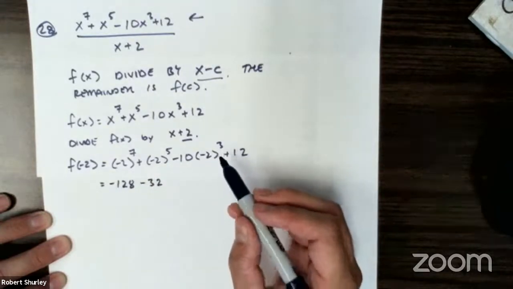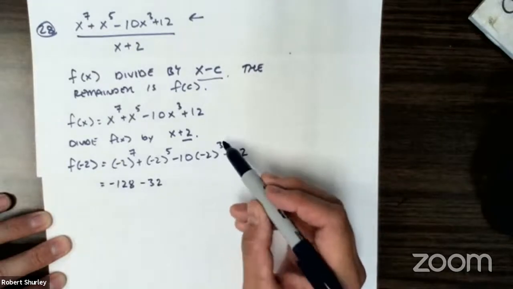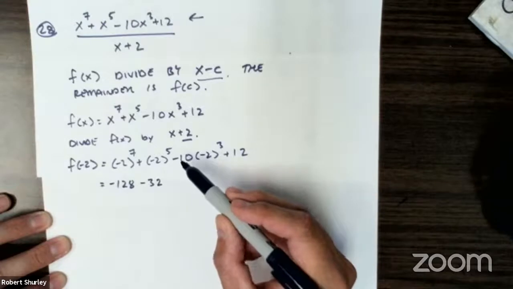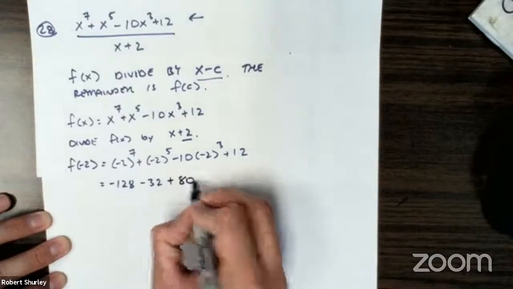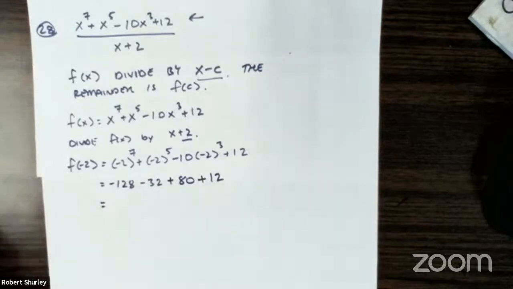Negative 2 cubed is negative 8 times a negative 10, so that's a positive 80 plus 12. So I'm going to add all those together: negative 128 minus 32 plus 80 plus 12.